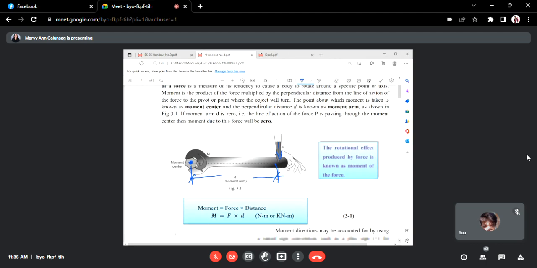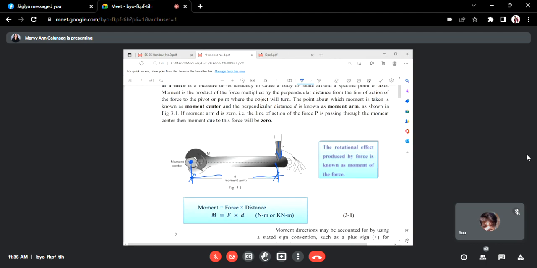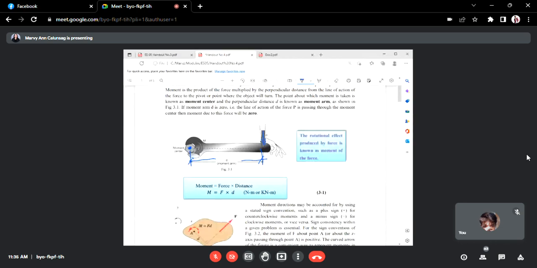We have the formula using scalar quantities for the moment of a force about a certain point. So the moment is now equal to the magnitude of the force times the perpendicular distance or the moment arm D. And then our unit of force is in Newton.